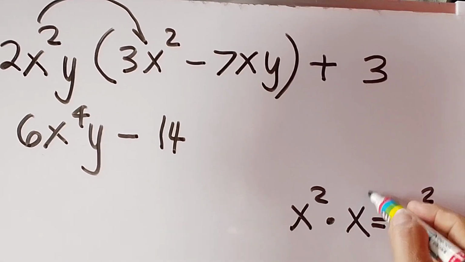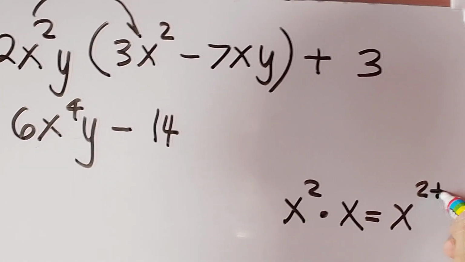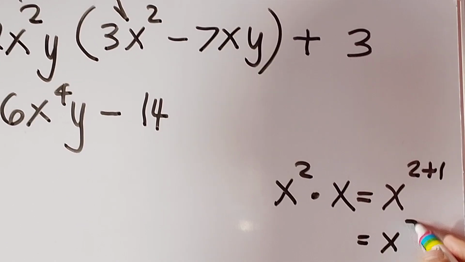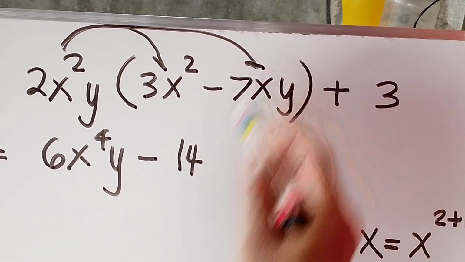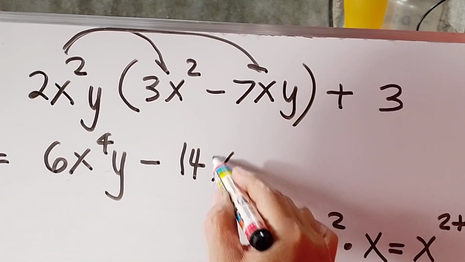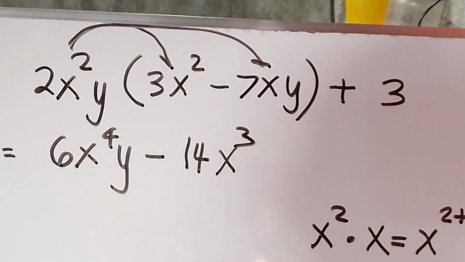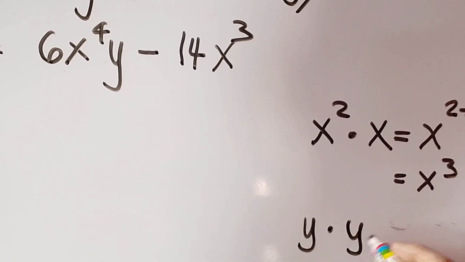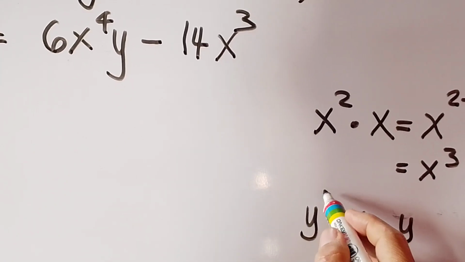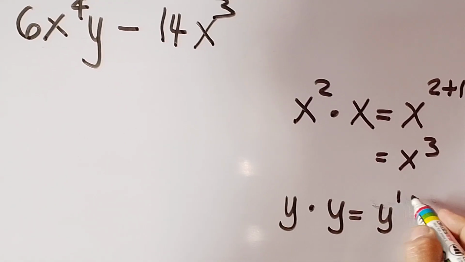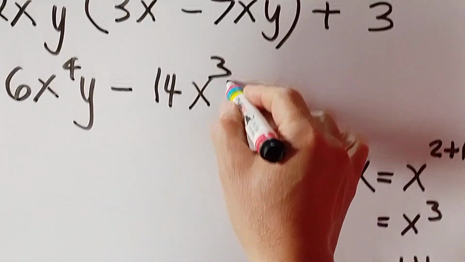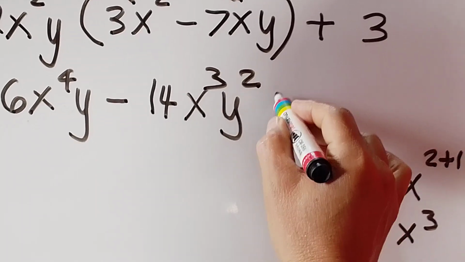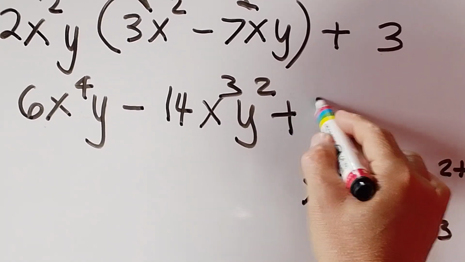Since we know that there is an invisible exponent 1, 2 plus 1, this will be x cubed. y times y. What is y times y? There is 1 in here, also in here. So 1 plus 1. So this will be y squared. Then just copy this constant, plus 3.